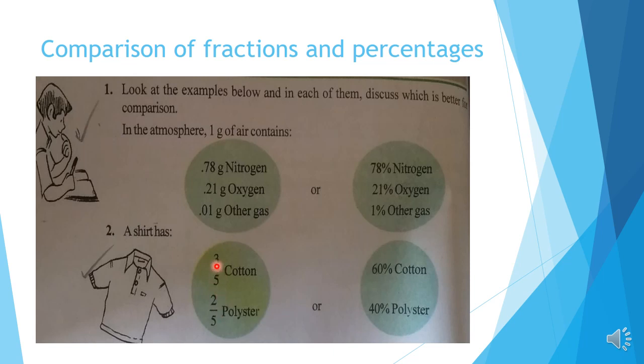So here we can say 3 by 5 is greater than 2 by 5 and cotton is more here. And here see children, the same fractional form we have in percentage form: 60% cotton and 40% polyester. So in one look we can say what is more here. So you can say very fast cotton is more. Okay children, so whenever we have the percentage, we can compare the quantities faster. Okay children, the same we can see in the coming examples, right children?